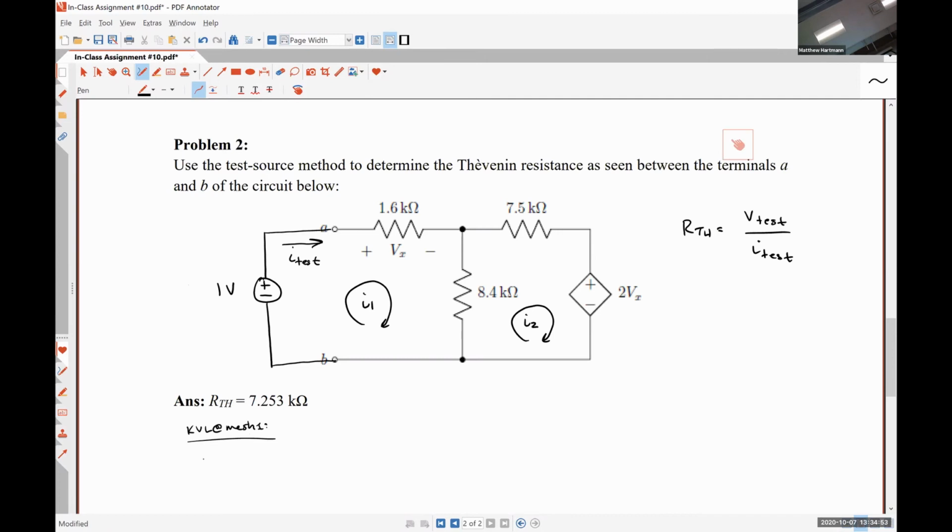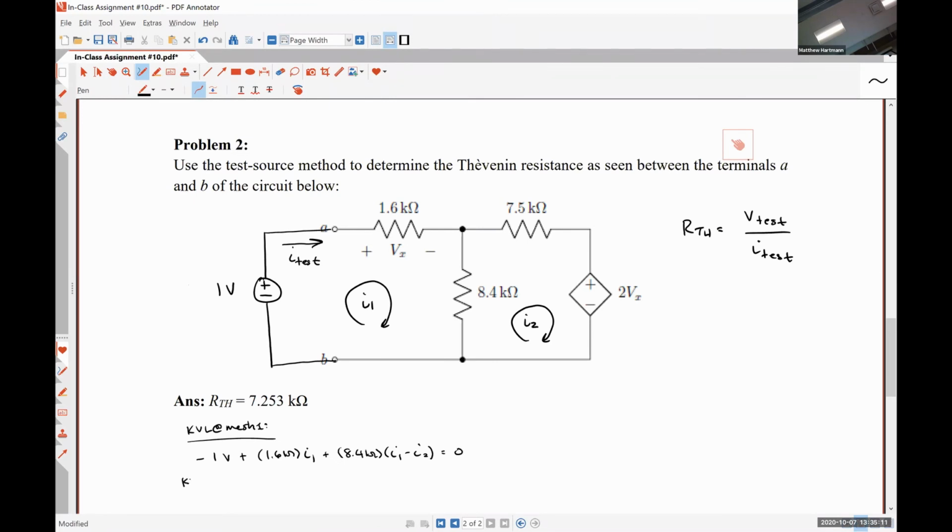Starting at the bottom left-hand corner, we would see negative 1 volt plus 1.6 kiloohms times I1 plus 8.4 kiloohms times I1 minus I2 is equal to 0.